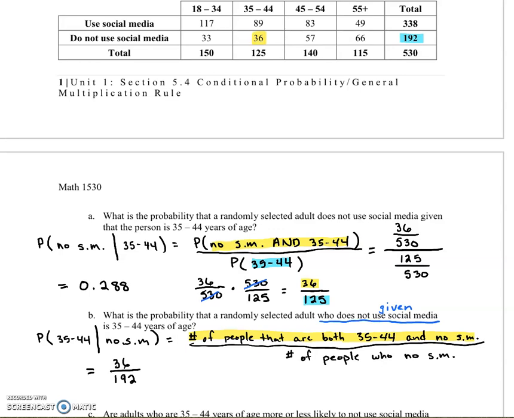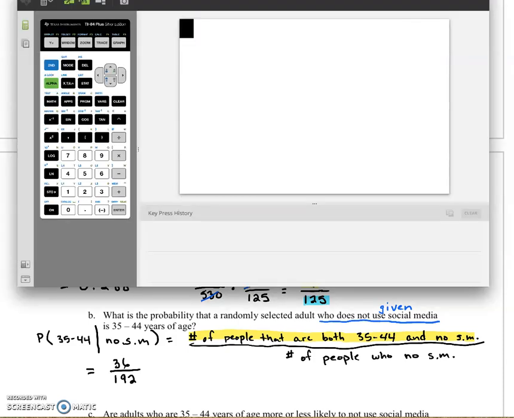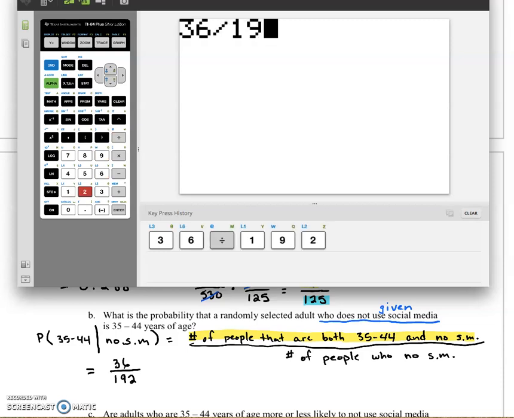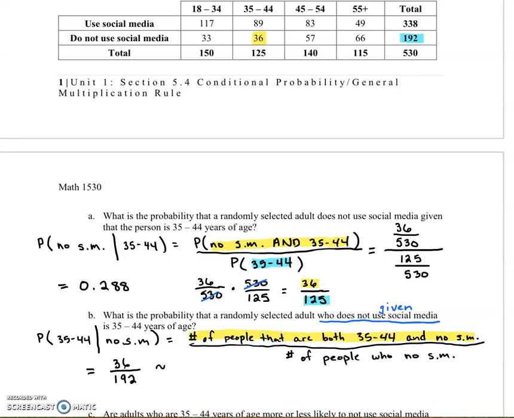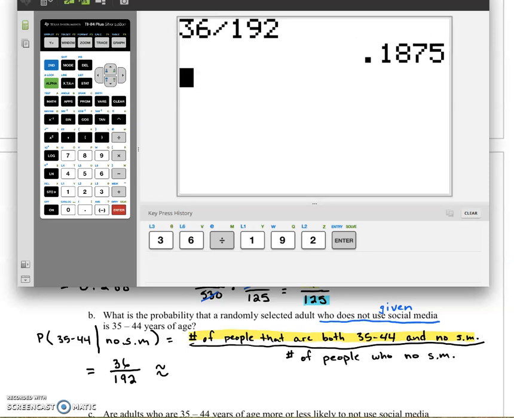And if we put that in the calculator, we have 36 divided by 192. And if we round to 3 decimal places, we have 0.188.